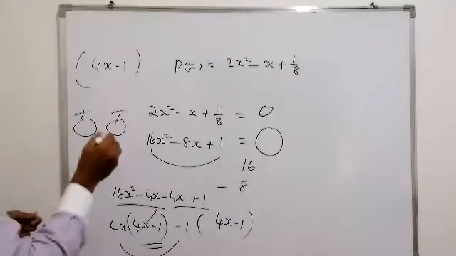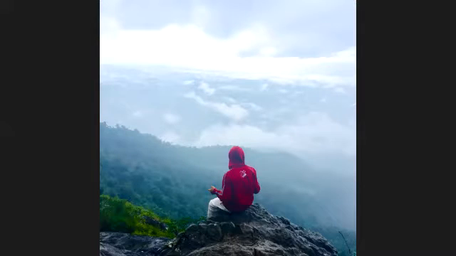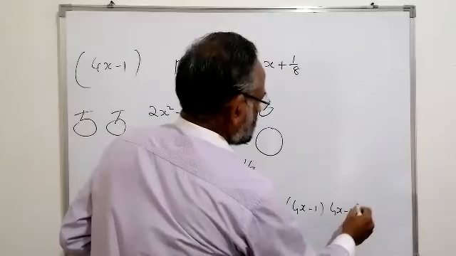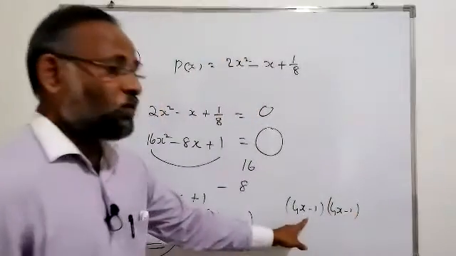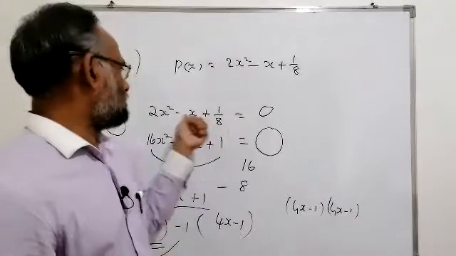Now see, the answer is 4x minus 1 into 4x minus 1. That is why 4x minus 1 into 4x minus 1. We got two factors because it's a quadratic equation. Its power is 2.